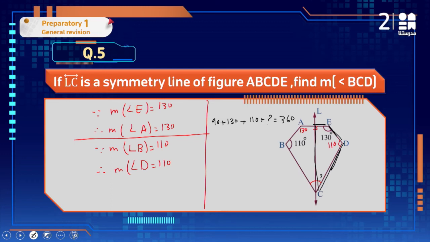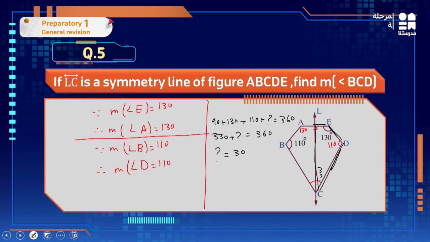Let's add them. 90 plus 110 is 200, so 330, plus this question mark equals 360. So the question mark, or angle DCL, equals 30.